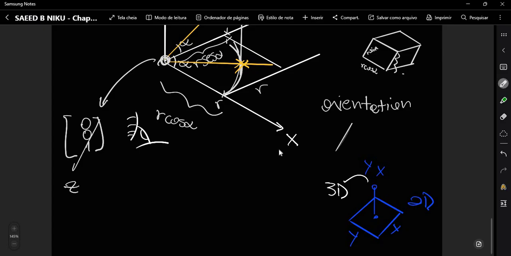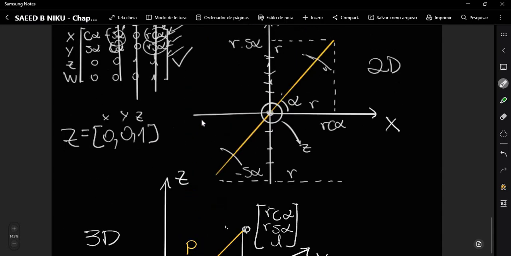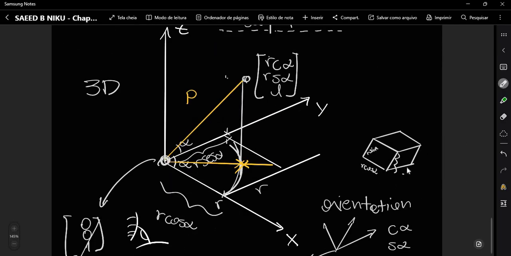Let's say it's pointing to here, to here, to here, and the orientation we can define using cosine, in this case alpha, and sine of alpha. So let's say this column, the third column, is for orientation.